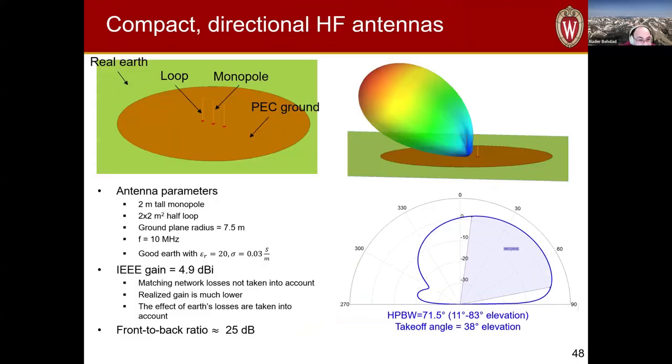So you can go ahead and implement this, using the same monopole arrangement that I showed, put it on a real ground plane that's placed on real Earth, and you see that you get radiation patterns that look almost unidirectional, with good front to back ratios, but you also get the same change in takeoff angle that I mentioned, which is a consequence of having real Earth in your actual system.